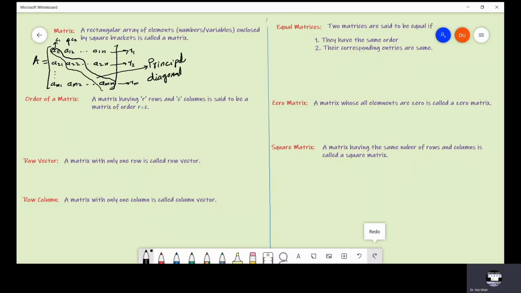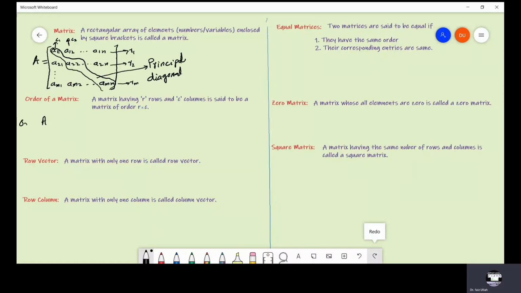Now, what do we mean by the order of a matrix? If there are R rows and C columns in a matrix, then R cross C is called the order of that matrix. Let us say we have a matrix A, just like we can see above.